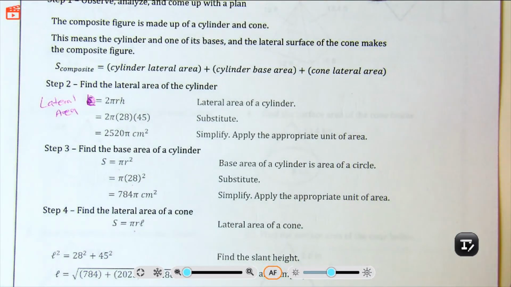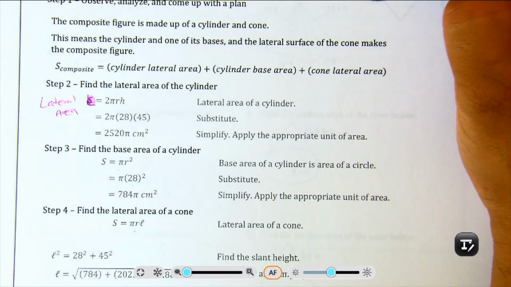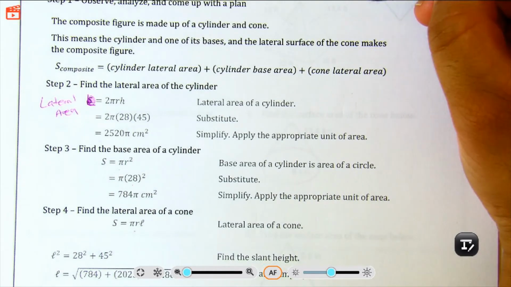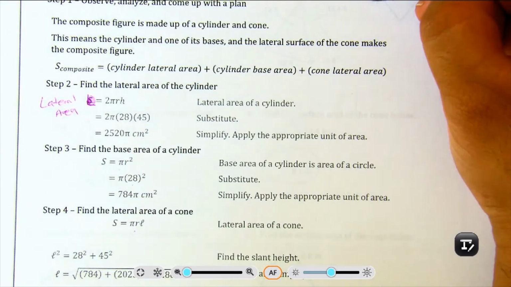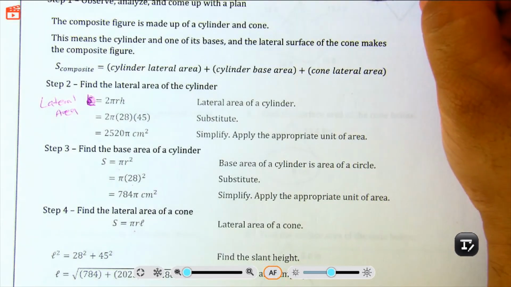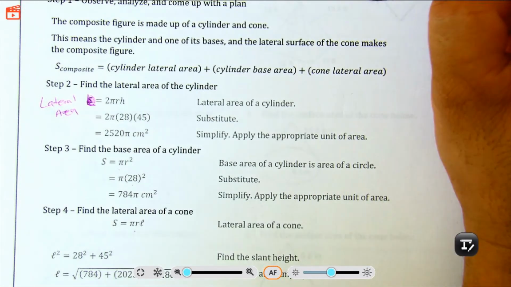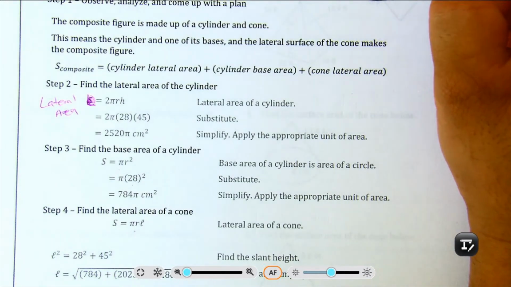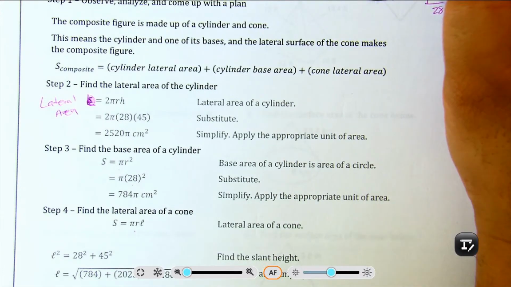The distance from the bottom of the cylinder to the top of the cylinder is 45, and from the top of the cylinder to the top of the cone is also 45. So you pretty much have a right triangle with sides of 45 and 28, and you find the slant height.